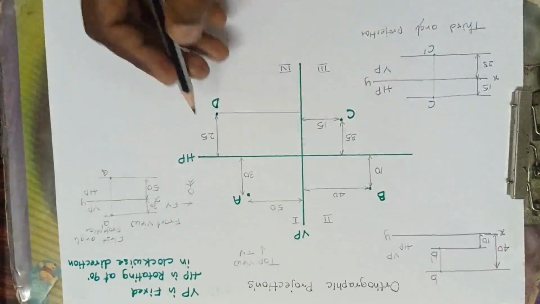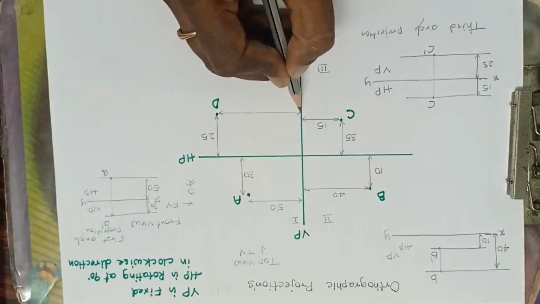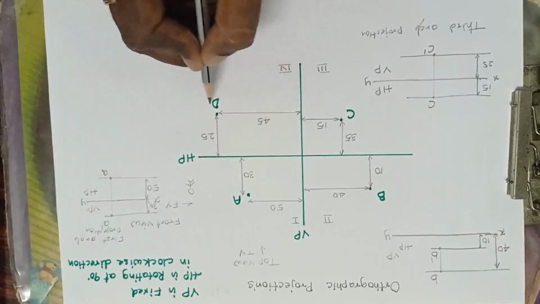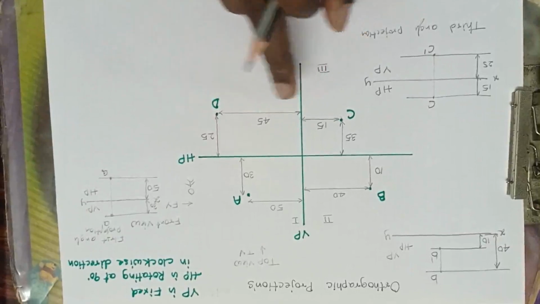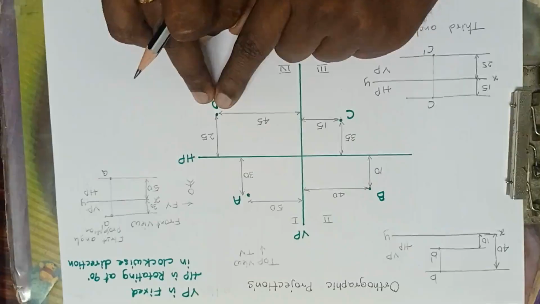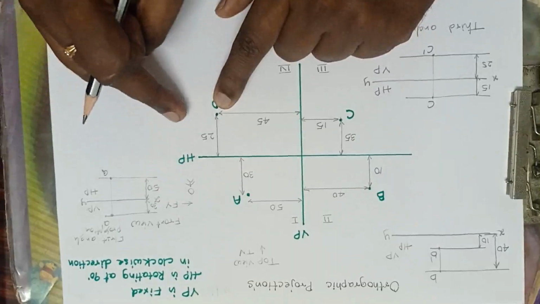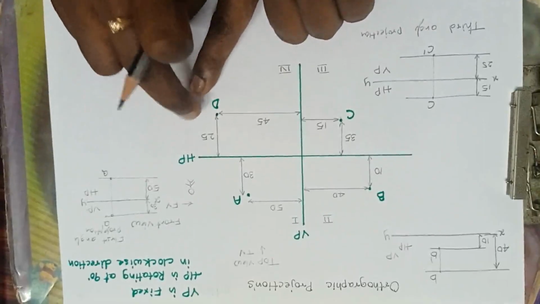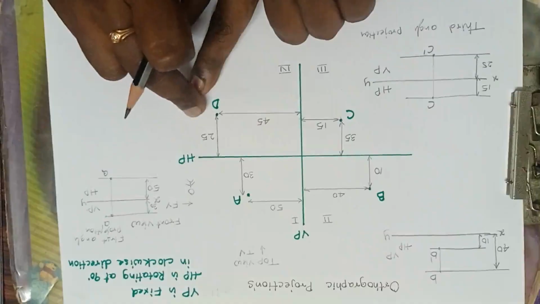Sorry, from the HP it is 25, and from the VP the point D is 45. So I'll call it: the point D is 25 below the HP and 45 in front of VP. Yes, it is in front of VP and below the HP.